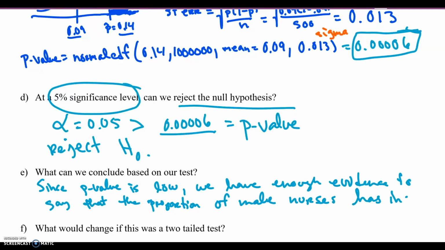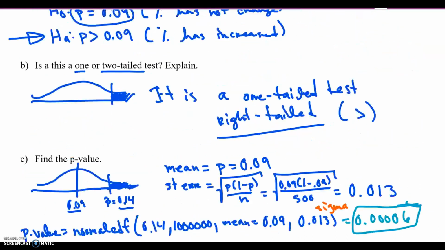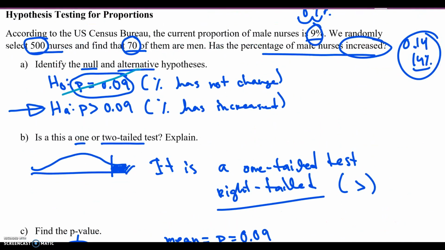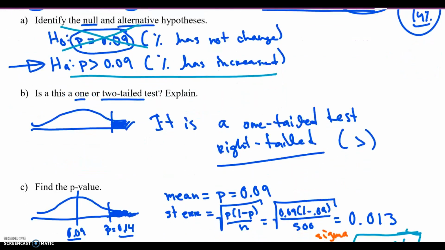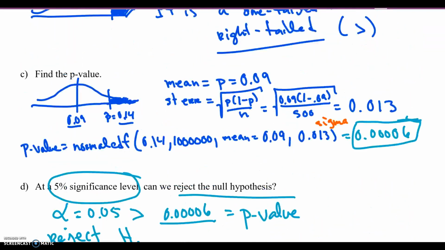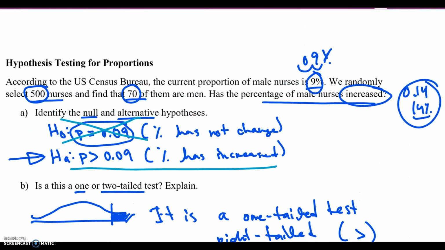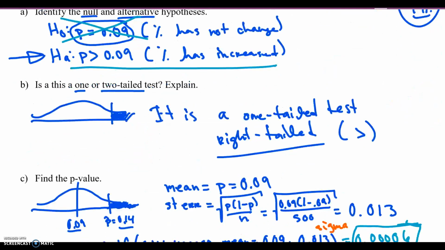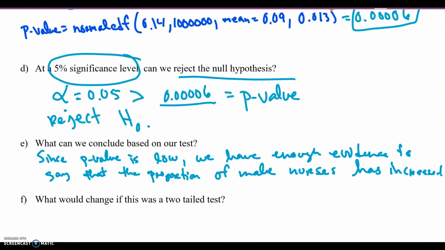That's basically what this low p-value tells me. Because the p-value is low, we can reject the null claim, and we can say that the claim that the percent has increased is true based on this sample. This is just based on the 500 nurses that we sampled. So that's basically what we can conclude.